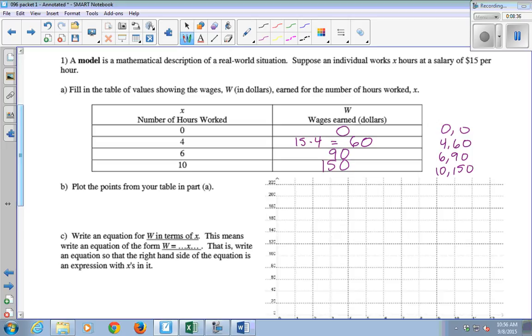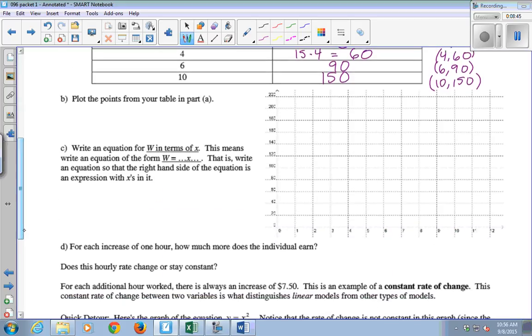So I have 4 points that I can plot here. I'm going to plot them all on this grid that I've given you. The x-axis is going to be hours worked, and the y-axis is going to be wages in dollars. So I've got 0, 0.